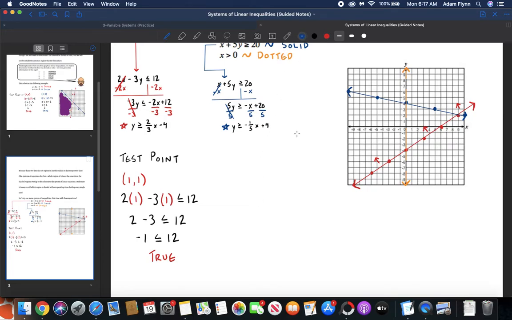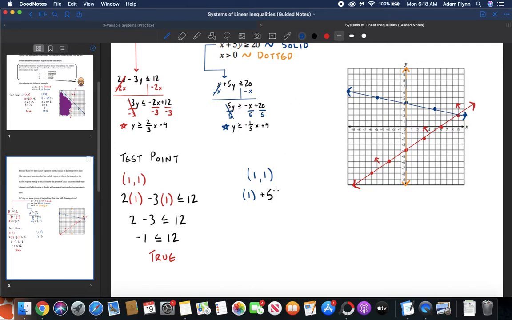So now we'll do blue, plugging in the same test point. So if I do that, I've got x plus 5y is greater than or equal to 20. So instead of x, I'm plugging in a 1, plus 5.